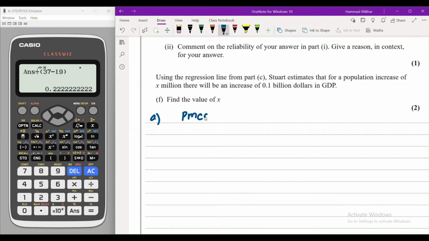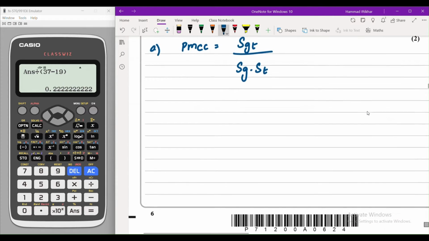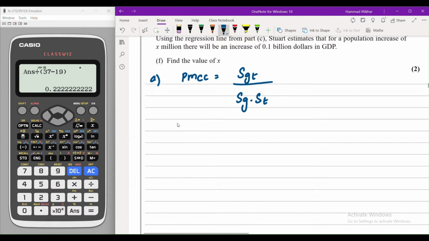PMCC will depend on STG divided by the square root of SGG times STT. So first off, we need all the three values. We have STG, we have STT. We need SGG.